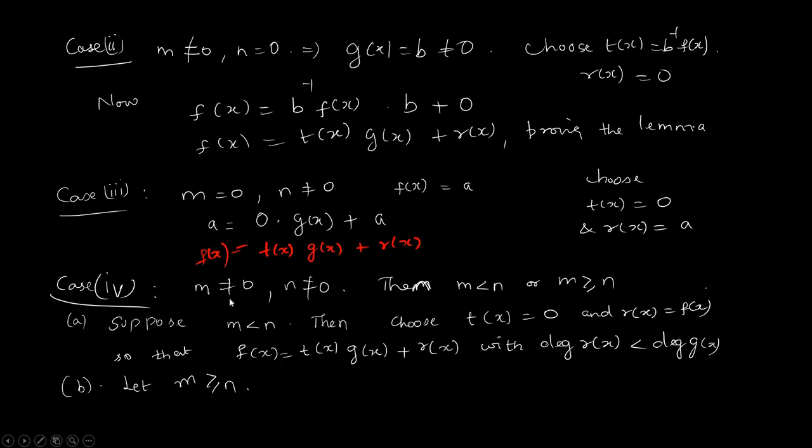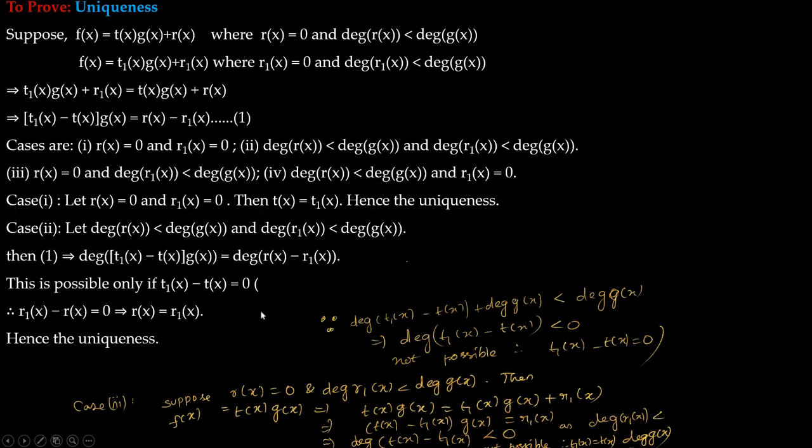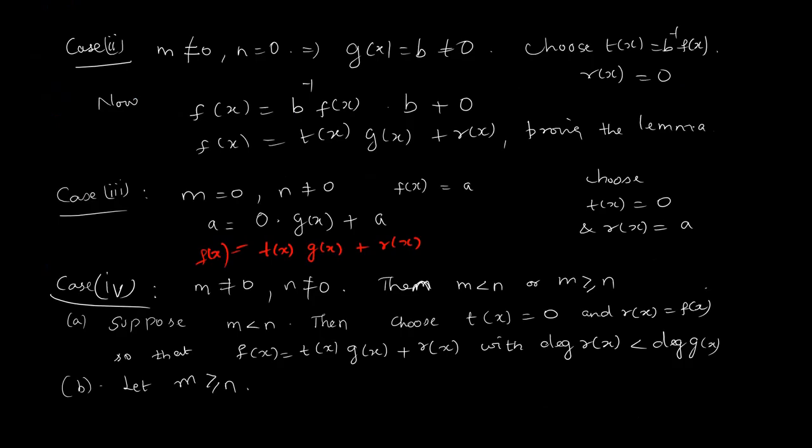Now we'll consider the case when both of them are non-zero. In that case, we have sub-cases, namely m less than n or m greater than or equal to n. Suppose m is less than n. Then choose t of x as 0 and r of x as f of x.